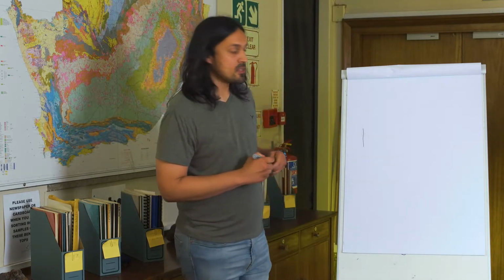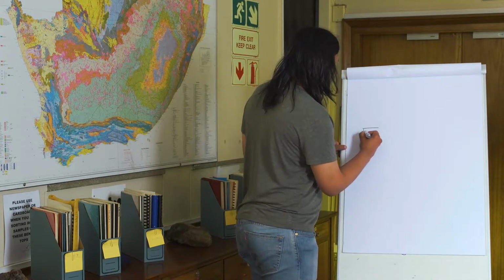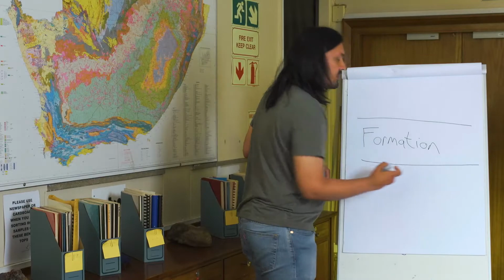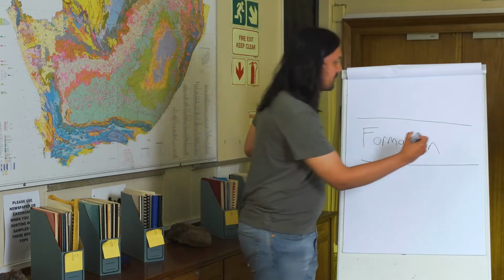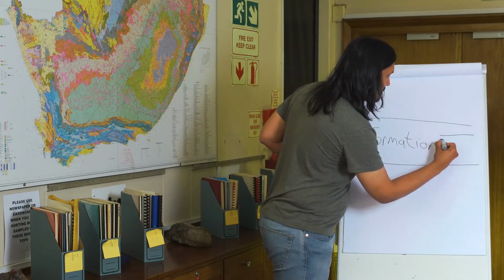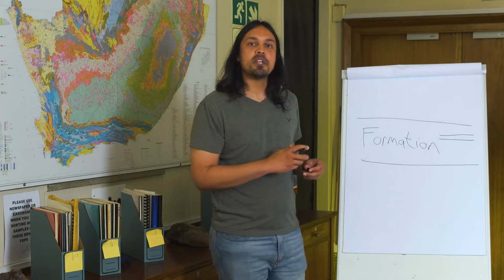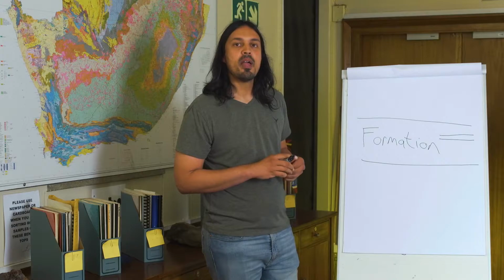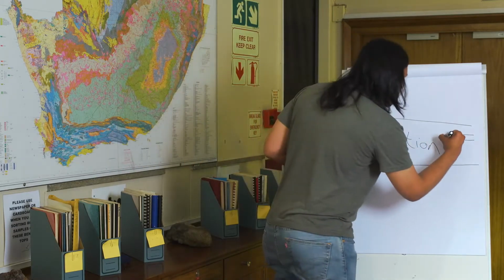What about members, beds, groups, and supergroups? Members and beds are smaller than formations. And so within a formation, you could have a particularly characteristic unit that helps with correlation, and that would be called a member.